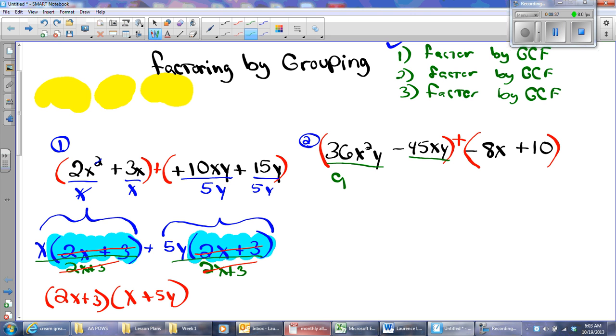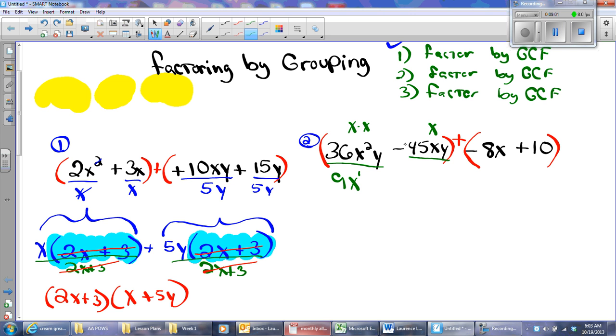What's the GCF of x squared and x? Well, x squared is x times x. And then there's an x over here. What's the greatest factor of x's? Is it x squared? No, because there's no x squared over here. This one has x times x. This one only has x. They have one x in common, or better yet, an x to the first power in common.